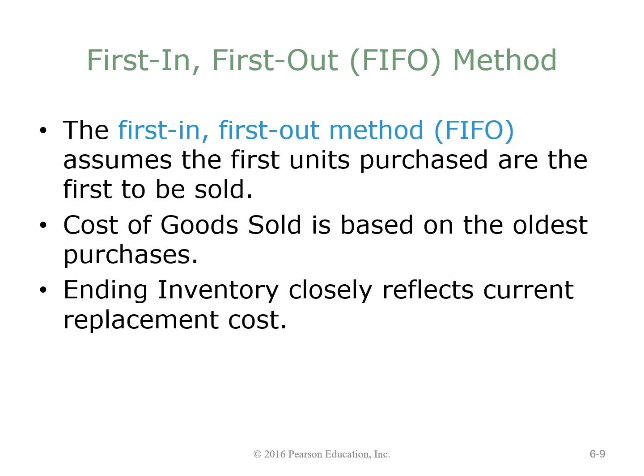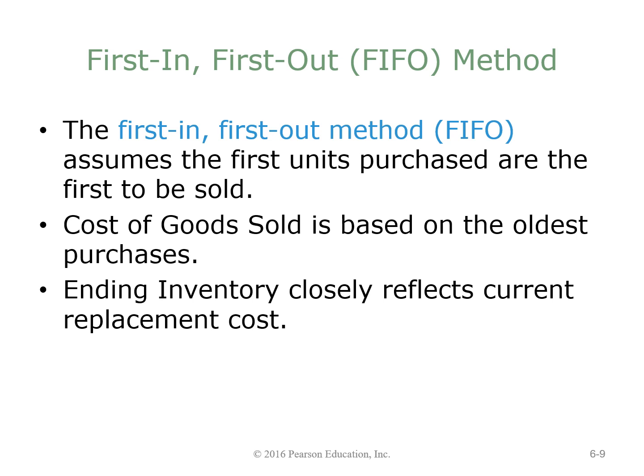Then we are moving to the second method, which is first in, first out. This is more valid in the food industry, for example, because you have an expiry date, so you have to sell what you have produced first, and then the next batches, and so on. So first in, first out assumes the first units purchased are the first to be sold.